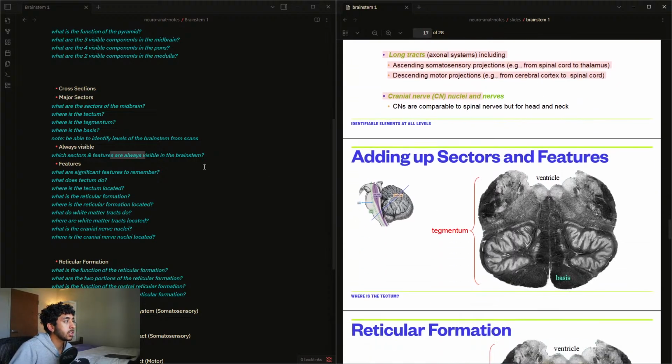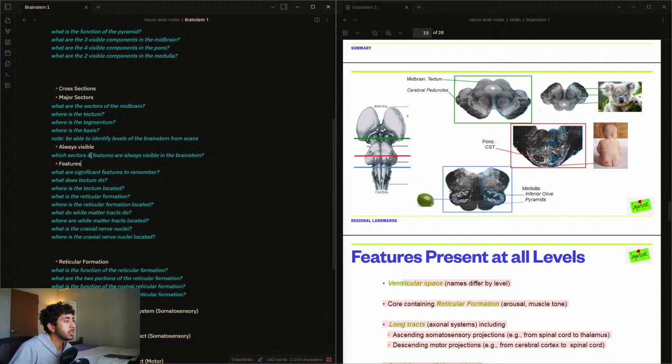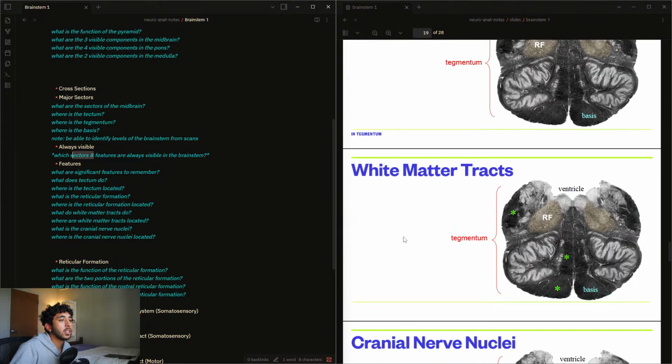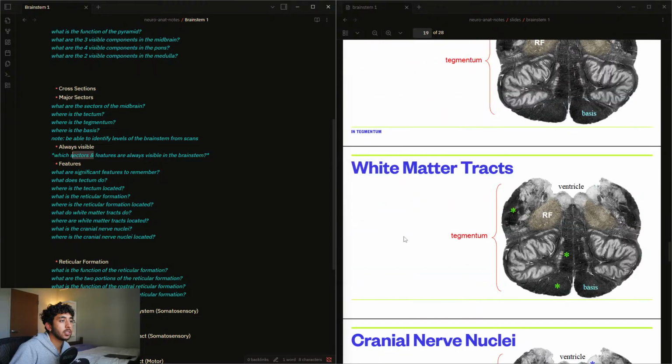Yes, tectum is a sector. So we should do what features are present at all levels, and then sectors, because these are sectors, yes.